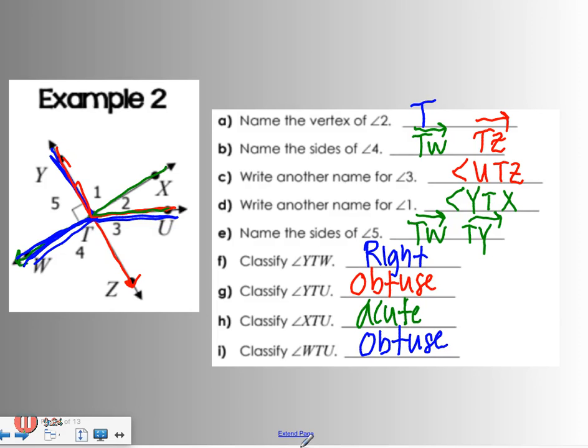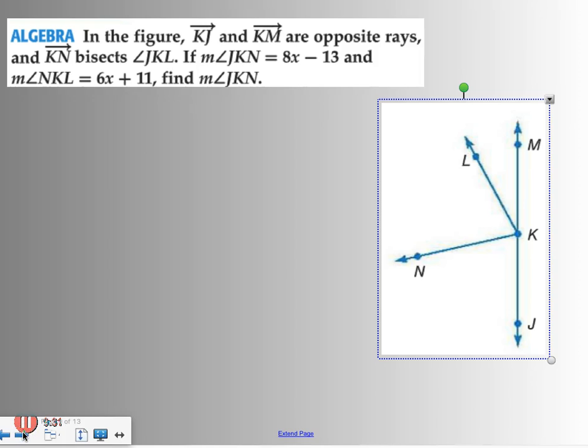Those are the basics, and then we're going to throw in a little algebra to make things interesting. Take a second to read that, and then we'll read it together. See if you can digest what it's telling you.